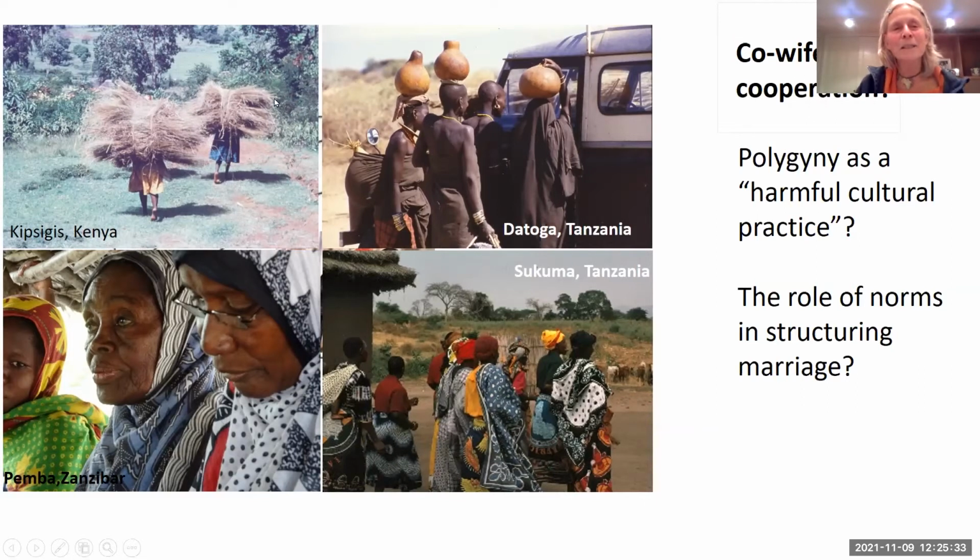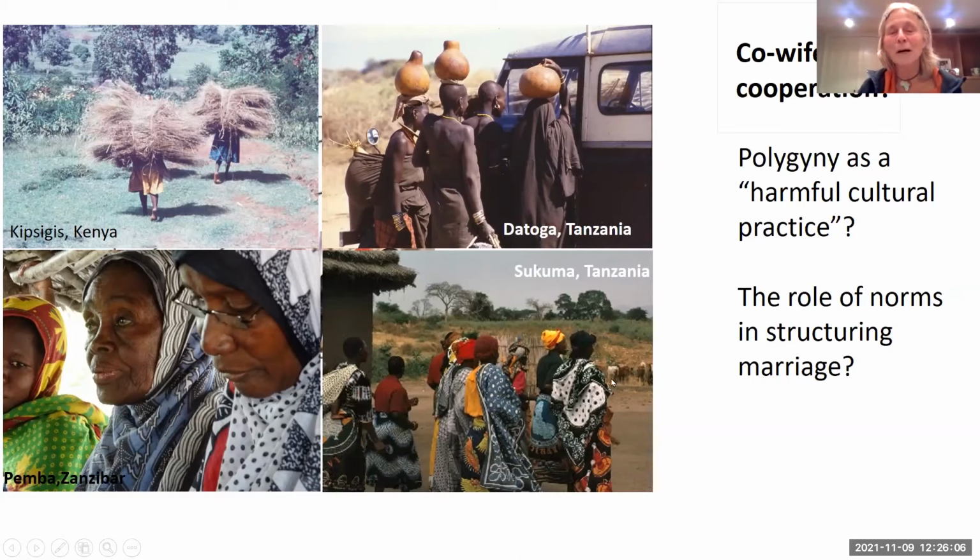For me this has always been confusing because in many of the polygynous populations I've worked with, it's been very obvious that women are cooperating over childcare, production, and household maintenance. Even in Sakuma, co-wives and some of the daughters-in-law are providing collective action in taking their husband to court for his abusive behavior.